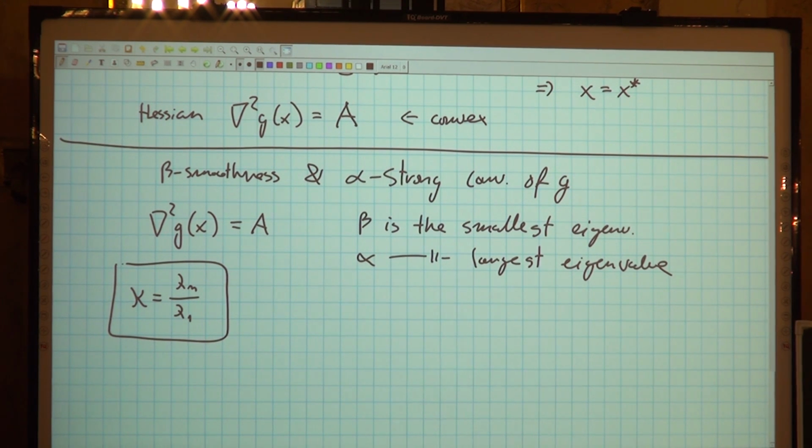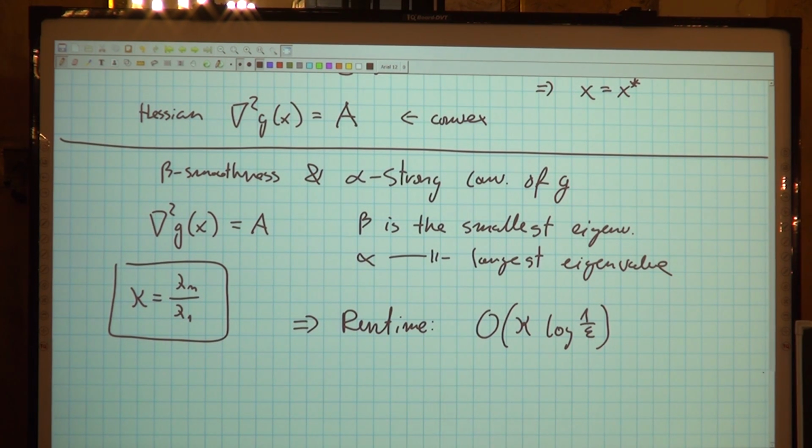Okay? So essentially, the resulting running time: we know the number of iterations we need is roughly kappa times log 1 over epsilon.